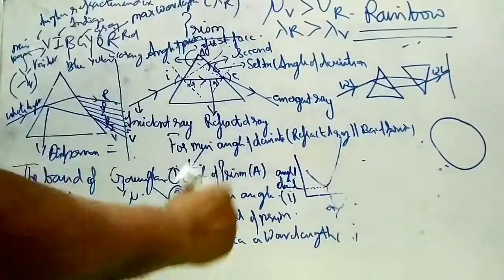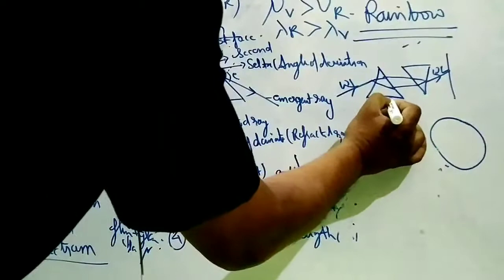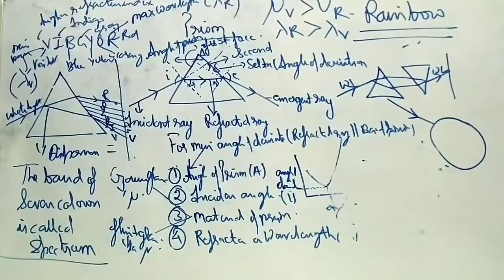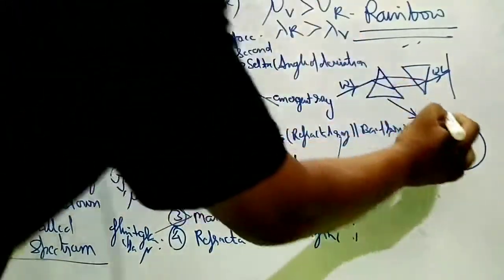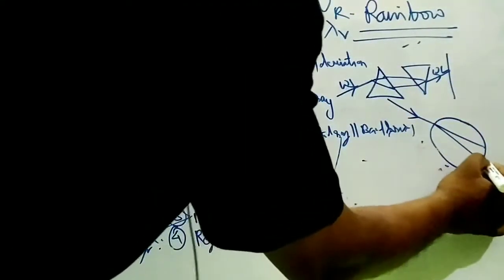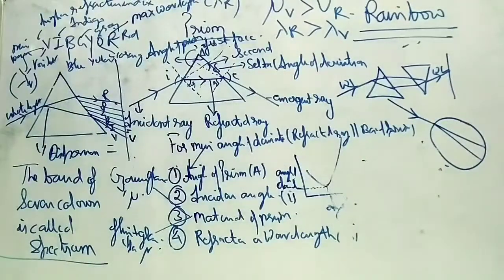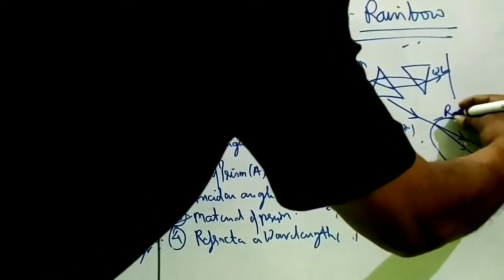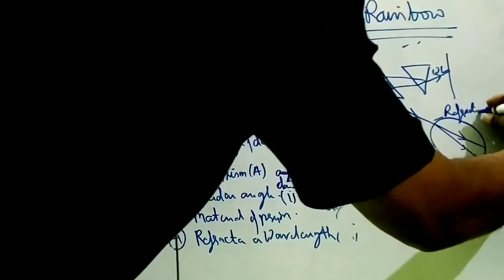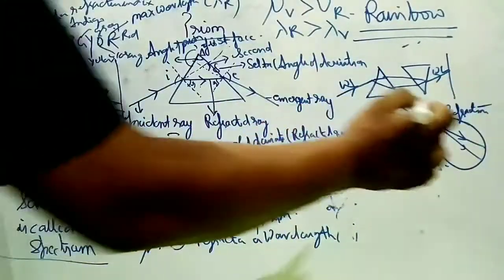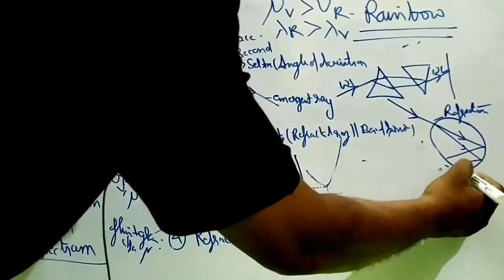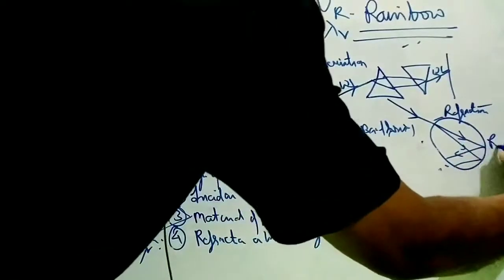When the light enters the droplet, it gets refracted. When it gets refracted, it forms 7 constituent colors. This is the first phase, refraction. Then inside the surface, the light gets reflected. Here it is reflection, not refraction.